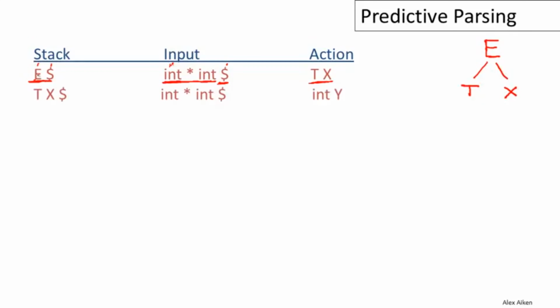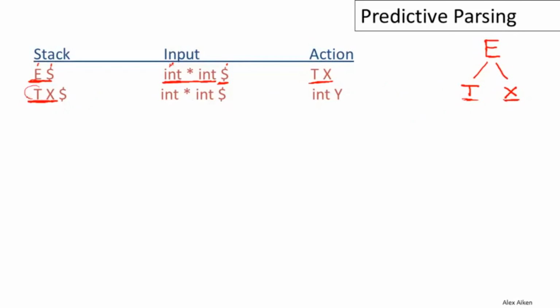What happens next? Well, E is popped off the stack. T and X are pushed onto the stack. And now notice, the frontier of the parse tree is TX. These are the unprocessed leaves, either unmatched input or unexpanded non-terminals. And in fact, the stack records exactly which one is leftmost. So T is at the top of the stack, X is below it on the stack. Okay, well, we still haven't consumed any input.